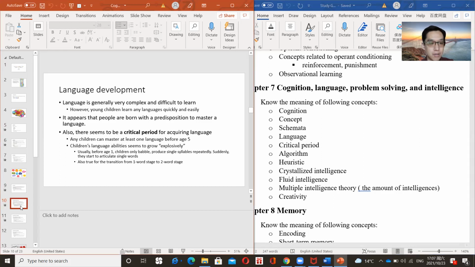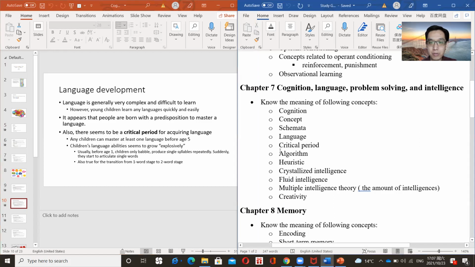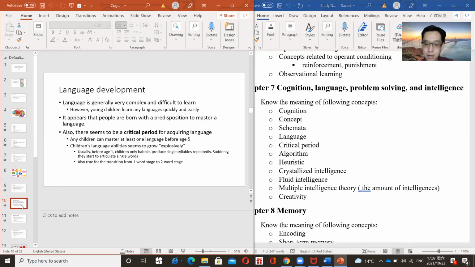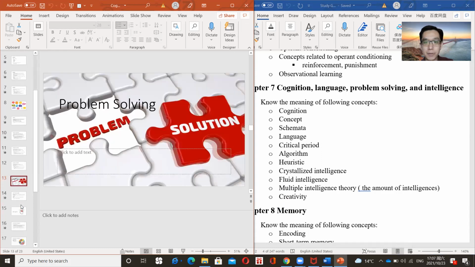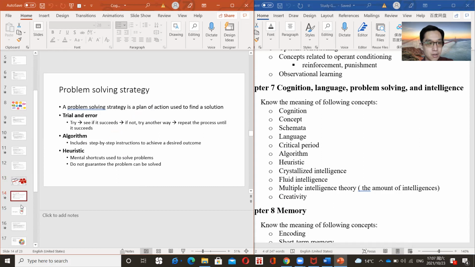Next, algorithm and heuristic. These two concepts are from the content about problem solving. There are different kinds of problem solving strategies. Algorithm is one of them, and another one is called heuristic.